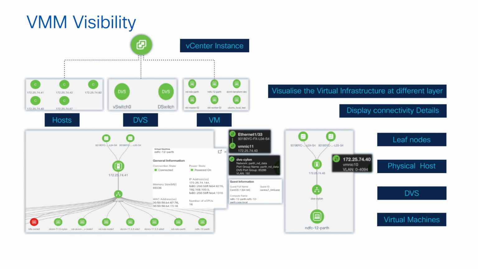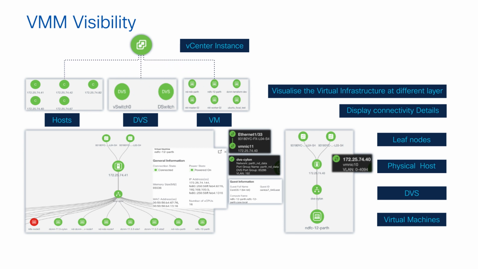Now we have the visibility into the virtual world along with the networking world, right? So for example, if you're looking at virtual machine manager visibility, we have visibility of the access, aggregation, core, or leaf or spine, and that's definitely possible in the topology view as we saw.